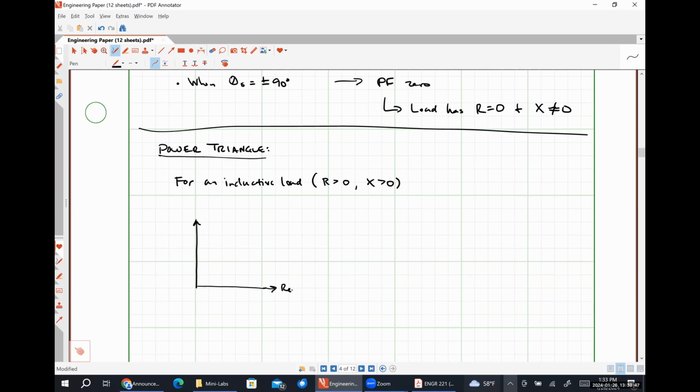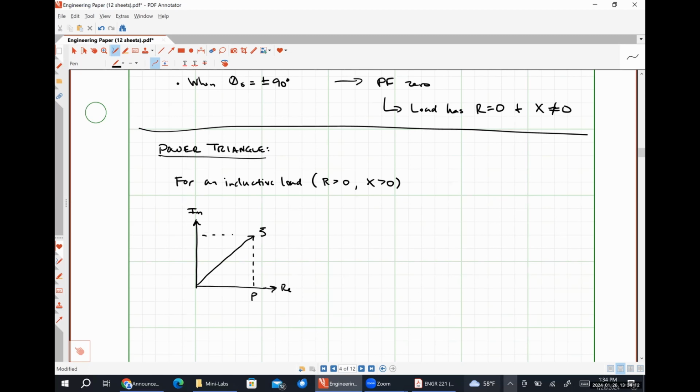So this is my real axis. This is my imaginary axis. And for an inductive load, my complex power will be something like this. So this is the complex power absorbed by my load. The projection of this complex power onto the real axis is my average power.